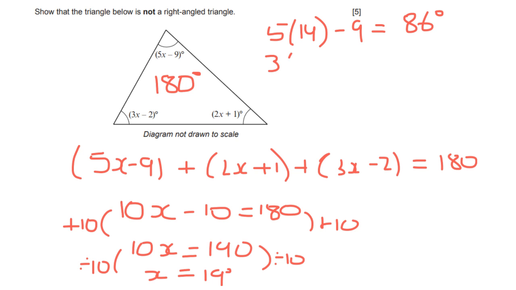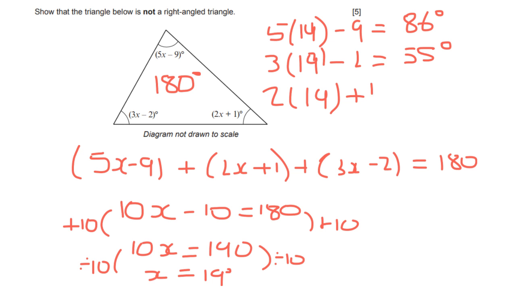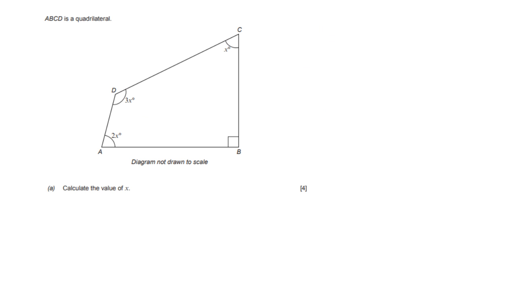I've got 3 lots of 19, take away 2. So that's 55 degrees. And then I've got 2 lots of 19, add 1, which is 39 degrees. None of those are 90 degrees, so none of them are right angles.